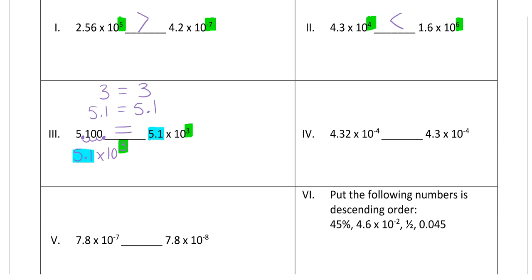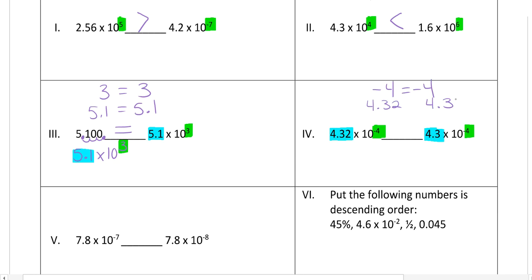If we look at number 4, again I have a situation where my exponents are the exact same. So I have negative 4 is equal to negative 4. So now I have to look at my significant digits, and I can see that I have 4.32 compared to 4.3.